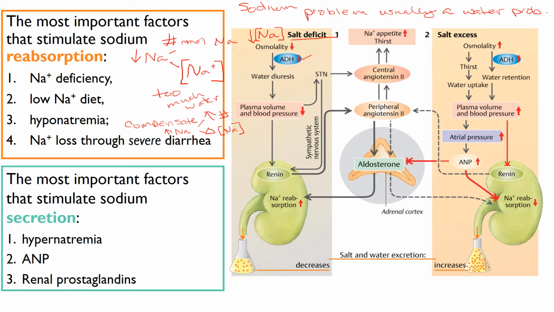When antidiuretic hormone levels drop, that means you're going to diurese a little bit. As you diurese, you're going to be eliminating water. If you eliminate water, but hang on to your serum sodium, what's going to happen?